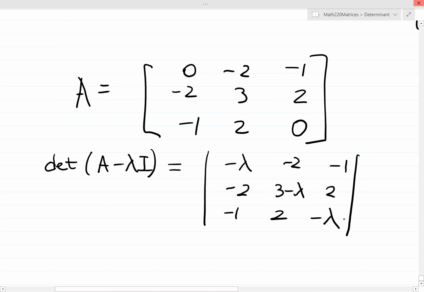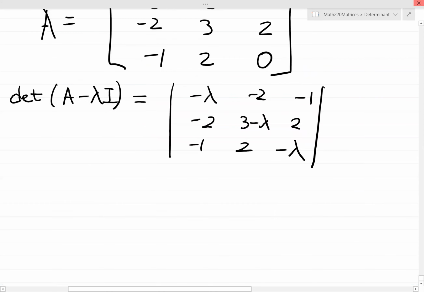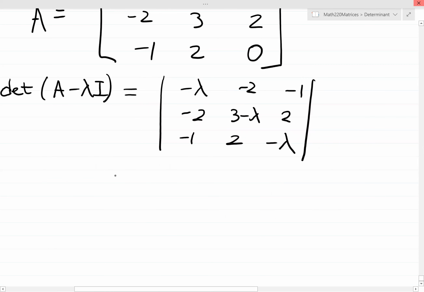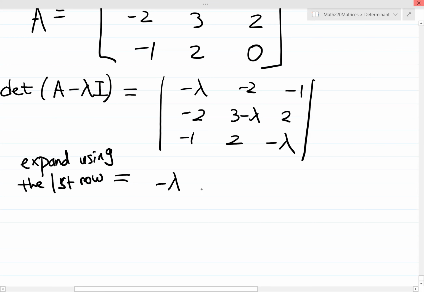This is a 3 by 3 determinant, so we expand using cofactors along the first row.